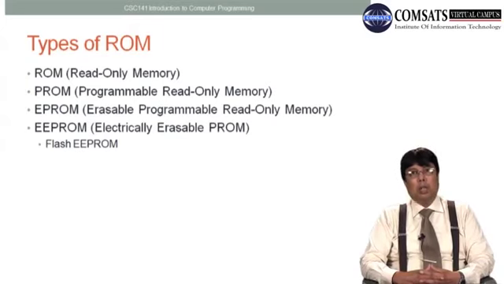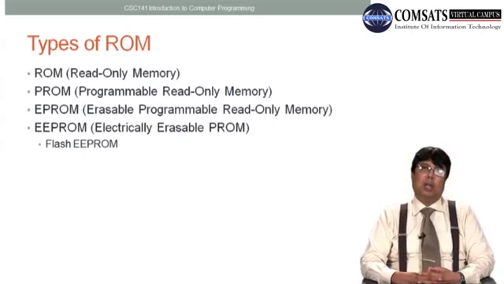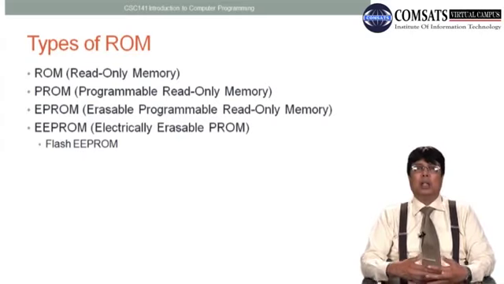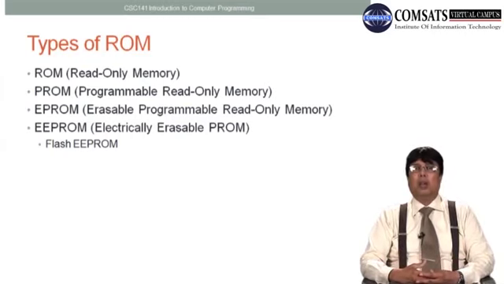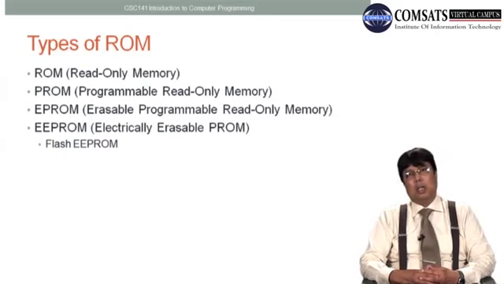So depending upon the technology, PROM can be programmed at the final stage, meaning once you have developed your program, debugged your program, tested your program, and you are 100% sure that it is working, it is operational, it is providing the service you expect and desire from it, then you burn this program onto the PROM.